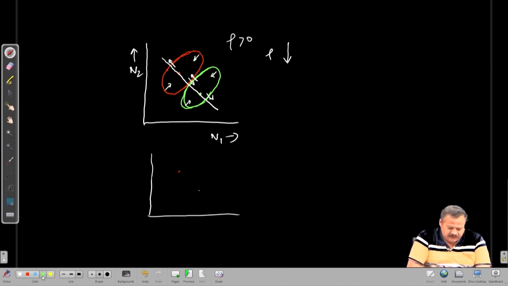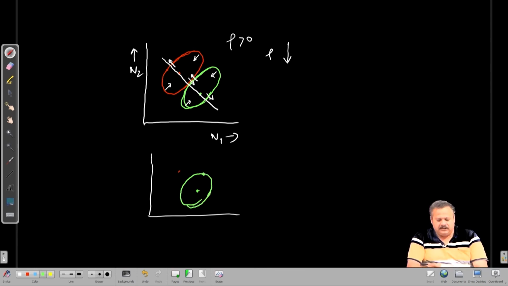After the change in the noise correlation, if the noise correlations were less positive, we would still have an ellipse, but it would become wider in the orthogonal direction, along the negative slope direction.